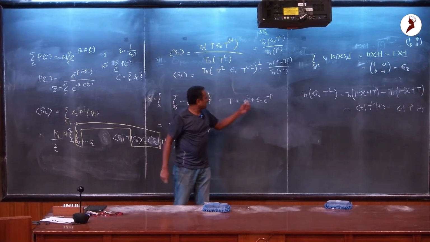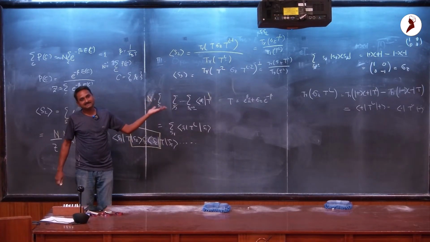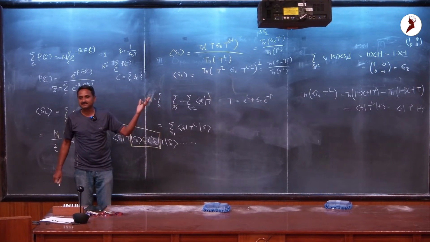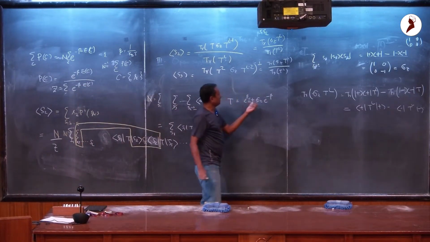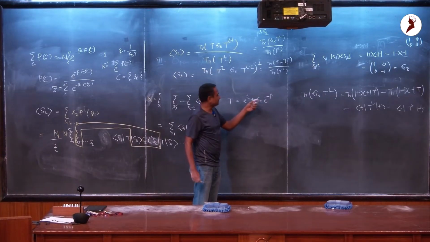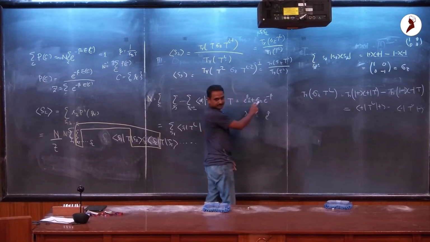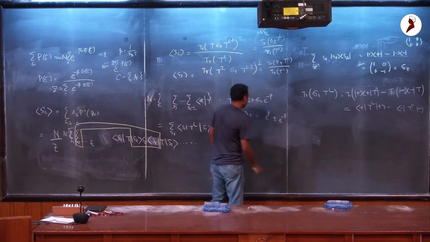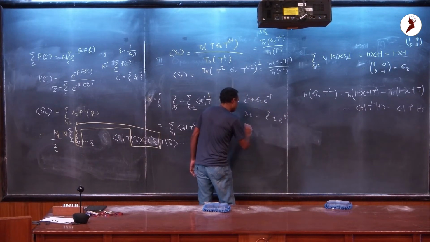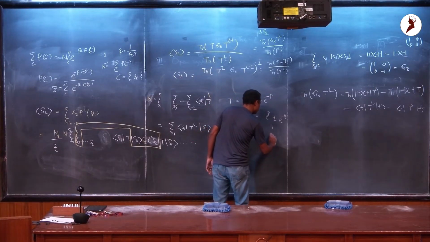So identity and sigma z of course commute, so the eigenvectors of sigma z will be the eigenvectors. And what are the eigenvectors of sigma z? The eigenvalue of sigma z is plus or minus 1. So the eigenvalues lambda plus minus equal e to the power beta plus minus e to the power minus beta, and the corresponding eigenvectors E plus minus are just the eigenvectors of sigma z, so this is (1, plus minus 1) by square root of 2.